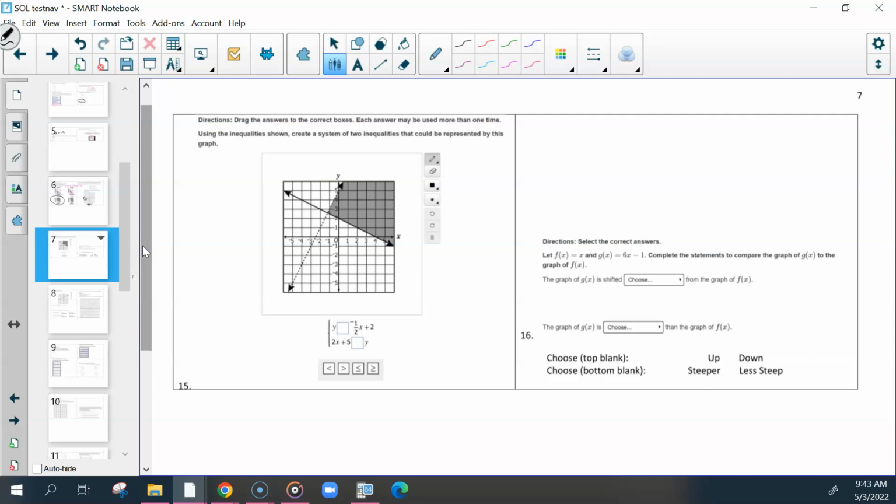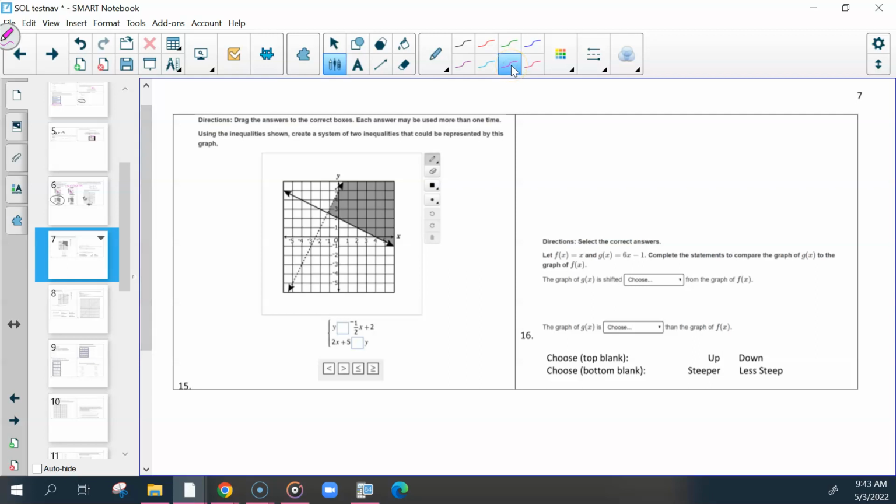You just have to figure out which symbol it is. Desmos could help you, but then it would be like a guess and check thing. I'll show you that here in a second. This one may just be easier to look at by hand and do it that way.